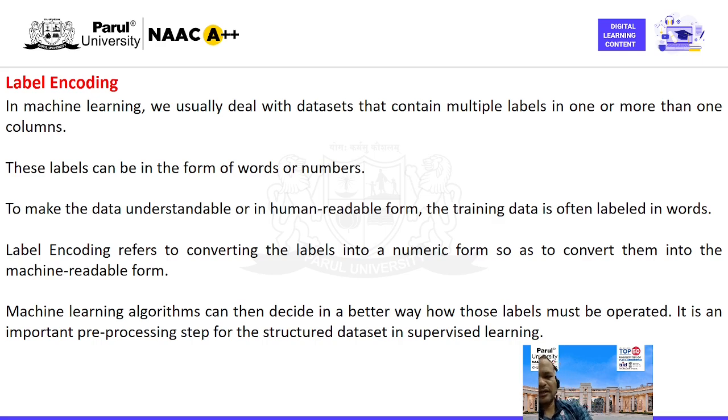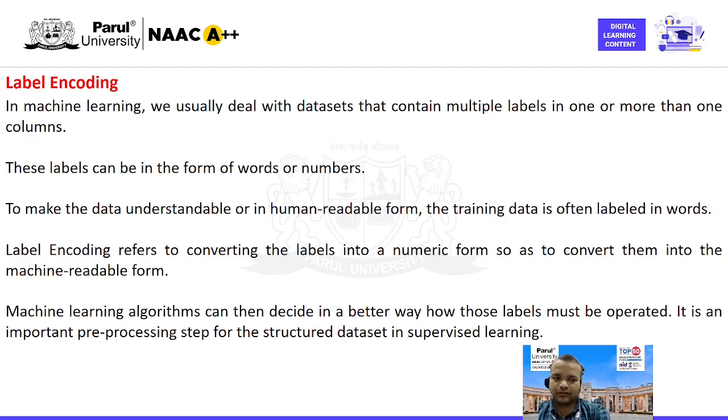To make the data understandable or human readable, the training data is often labeled in words. Label encoding refers to converting the labels into numerical form so as to make them machine readable. Obviously, a machine always understands the numerical form.